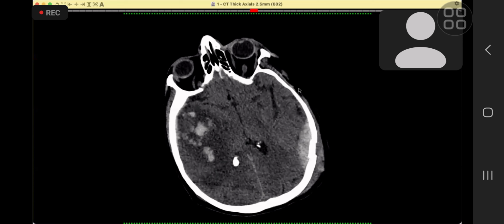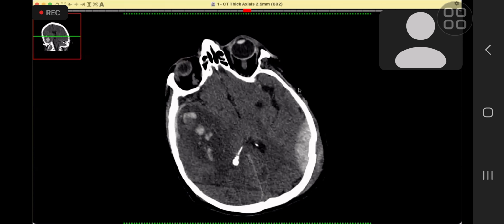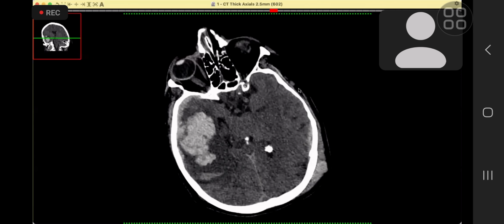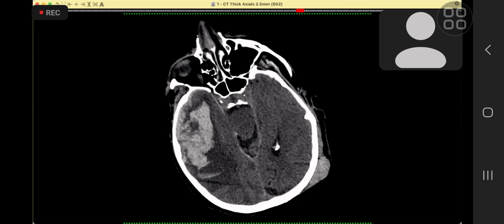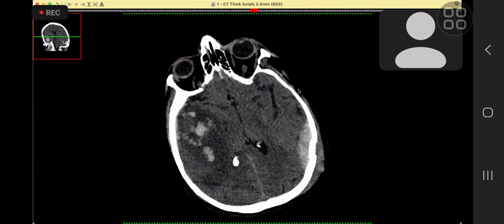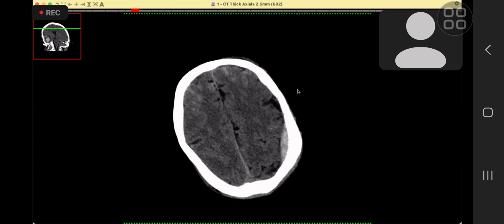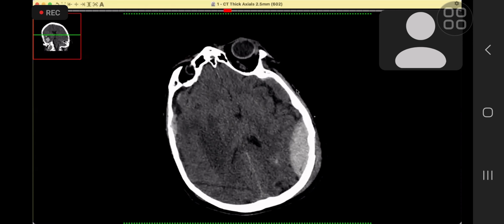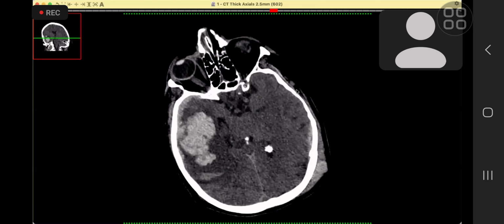Within the left frontoparietal lobe, there is a biconvex extradural hematoma, and within the anterior right temporal lobe, I think there's a small subdural in addition to some intraparenchymal hemorrhage as well.